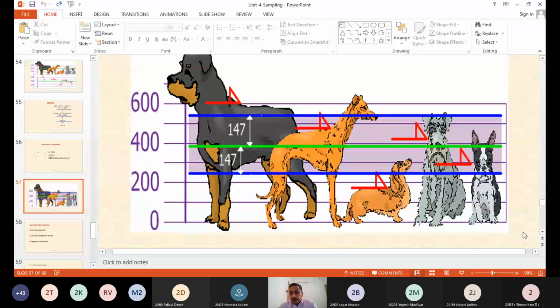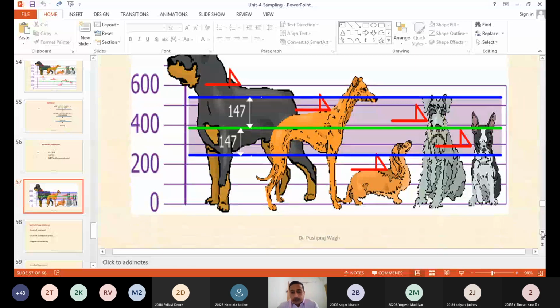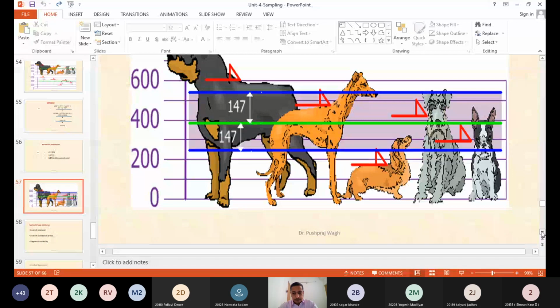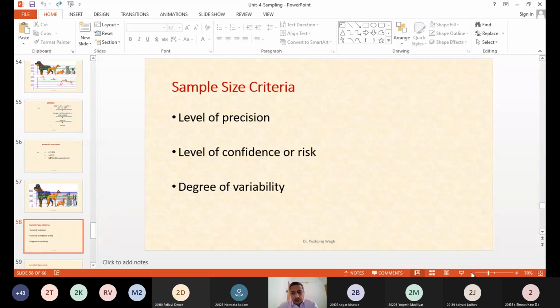So now we'll go ahead and discuss the sample size criteria, the few points that need to be understood for calculating a sample size for a particular population.